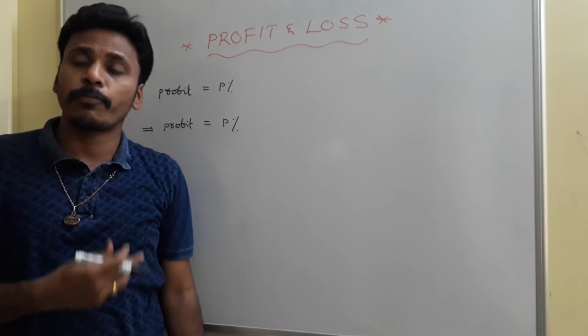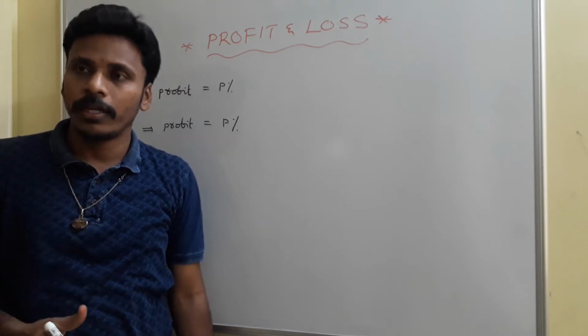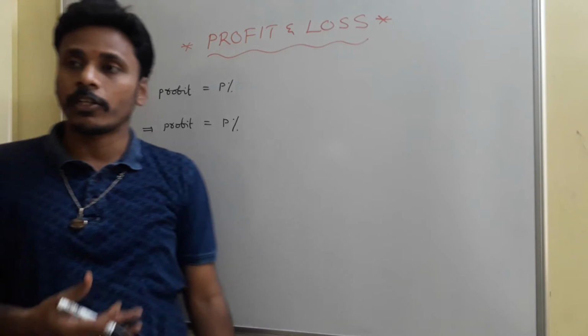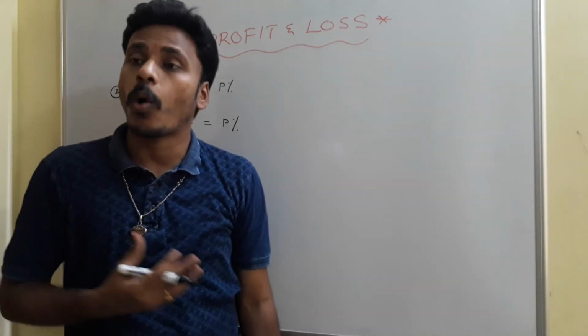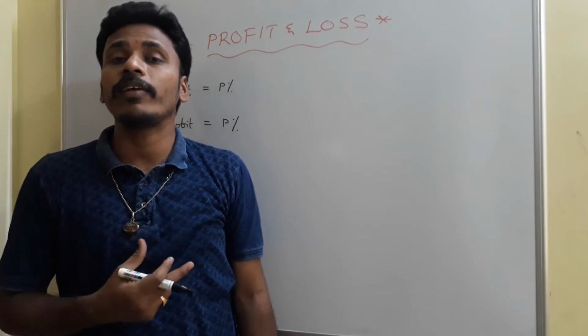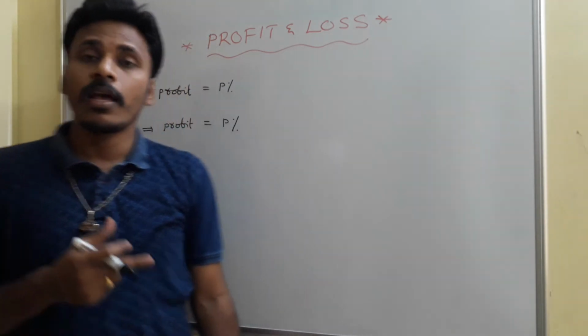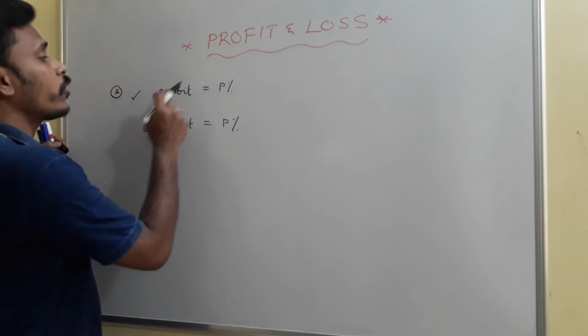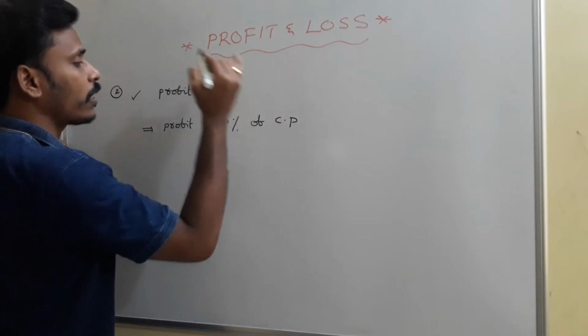For example, if I say profit is 10%, 10% of what? 10% of 10,000, 10% of 1,000, 10% of 100, 10% of selling price, 10% of cost price, what? See, usually we will calculate profit or loss as a percentage of cost price, and that's why profit is equal to P% means profit is equal to P% of cost price.